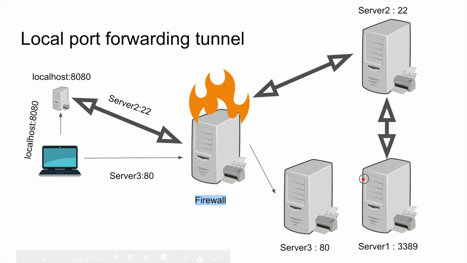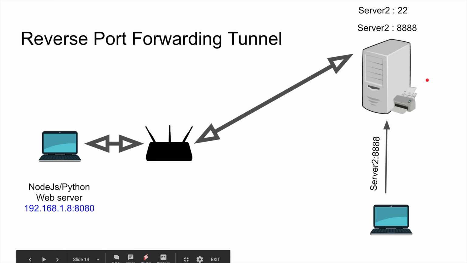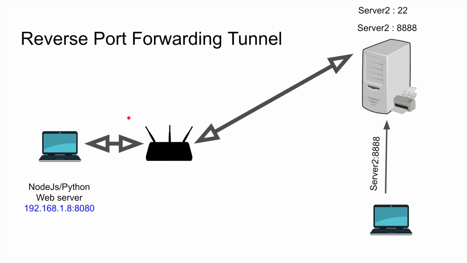While in the reverse proxy, the client doesn't know which server it is going to end up with. It makes a request to this machine, which happens to forward it to that destination server. Make sense, guys? So we know about the local port forwarding tunnel and the reverse port forwarding tunnel.